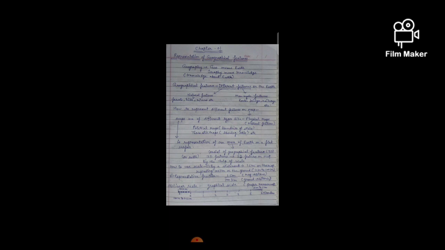And the third one and the best method is the linear scale. It is also called geographical scale, or we can say graphical scale, and it is known for proper measurement.